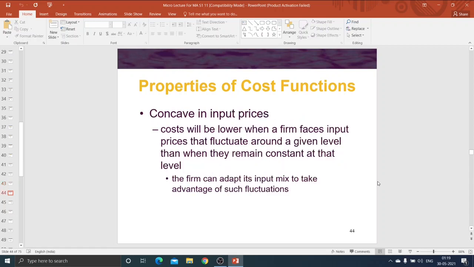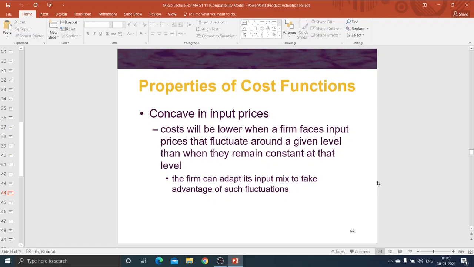If it is concave in input prices, then costs will be lower when a firm faces input prices that fluctuate around a given level than when they remain constant at that level. So the firm can adapt its input mix to take advantage of such a fluctuation.